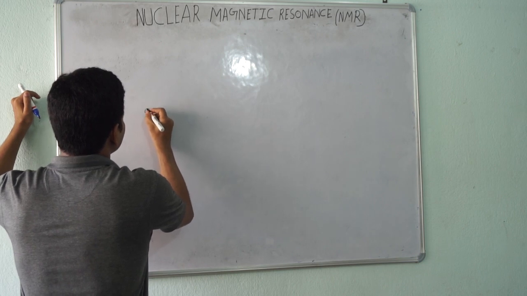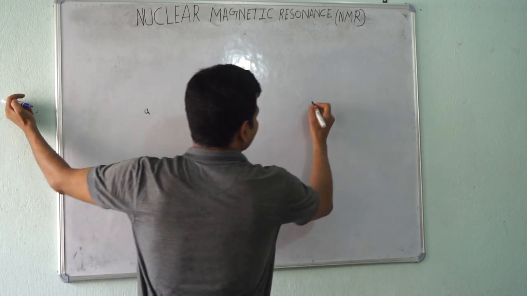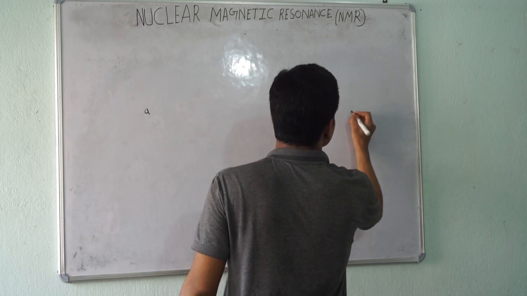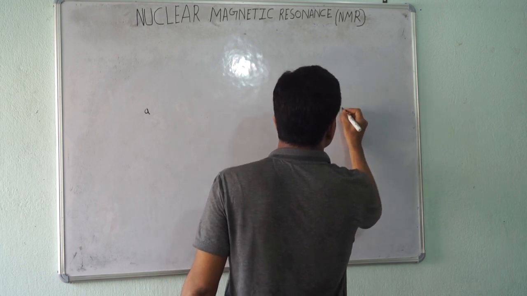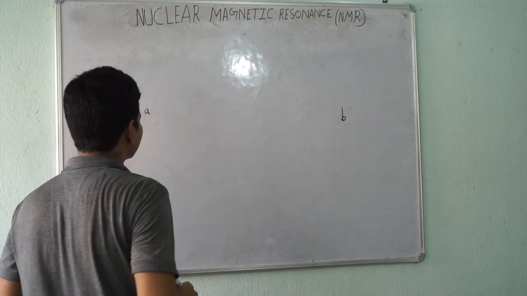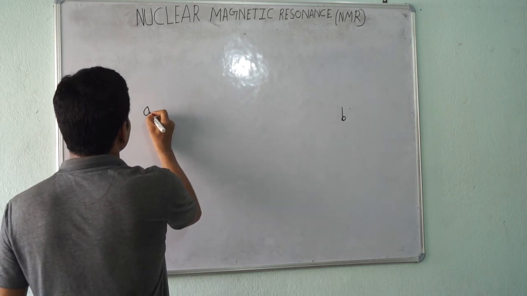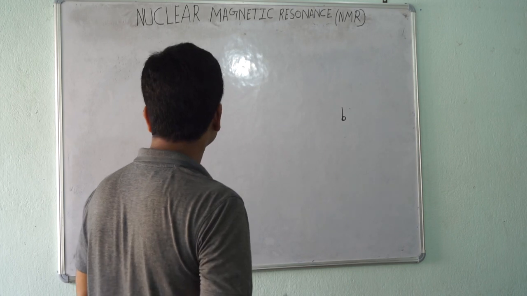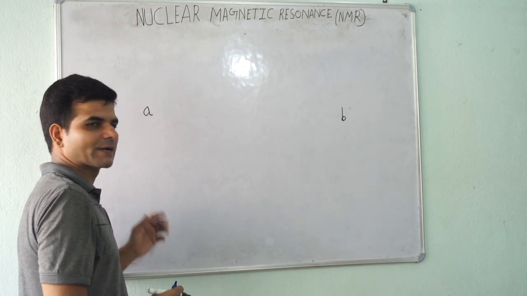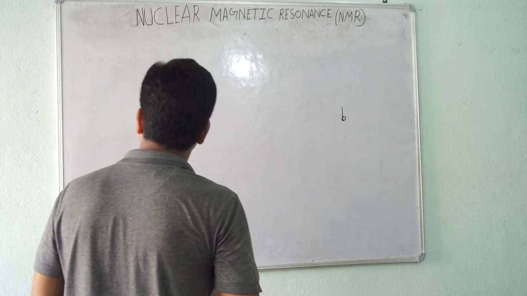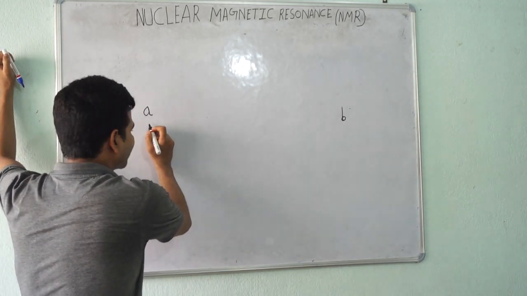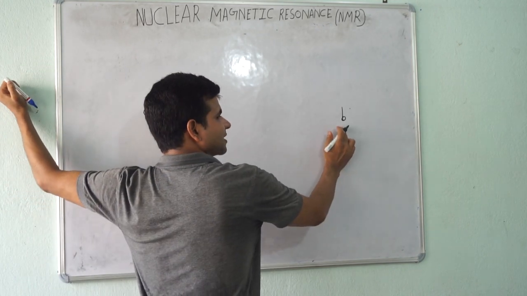Here it is hydrogen atom A and hydrogen atom B. One type of hydrogen atom is named A and another type is named B.